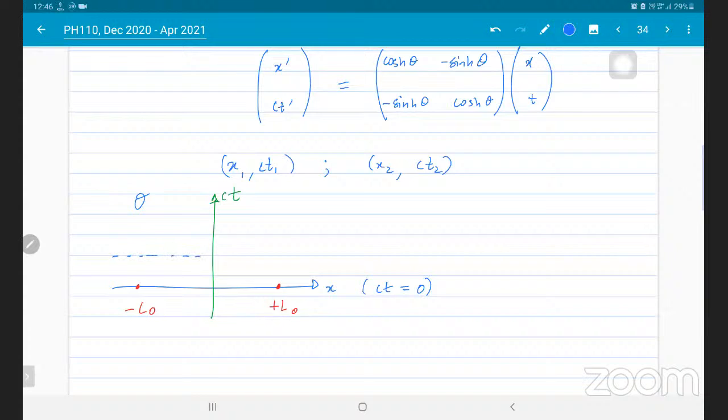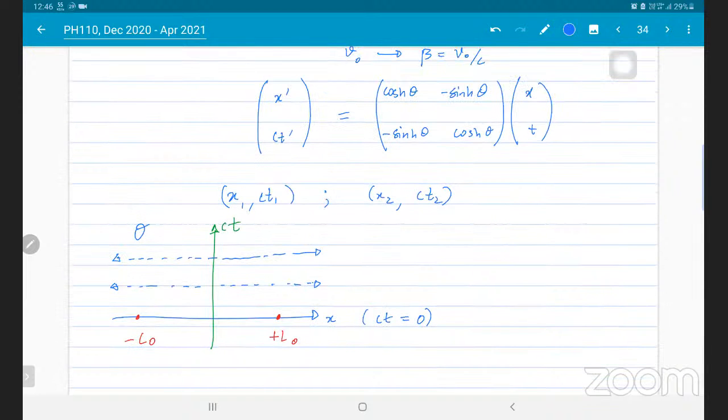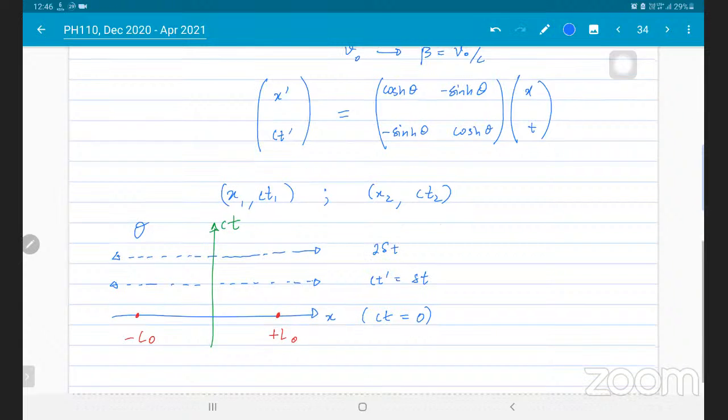What about the other surfaces? Well, the other surfaces are the surfaces of constant time, right? ct prime is equal to, let's say, c times delta t, and let's say this is 2 delta t.